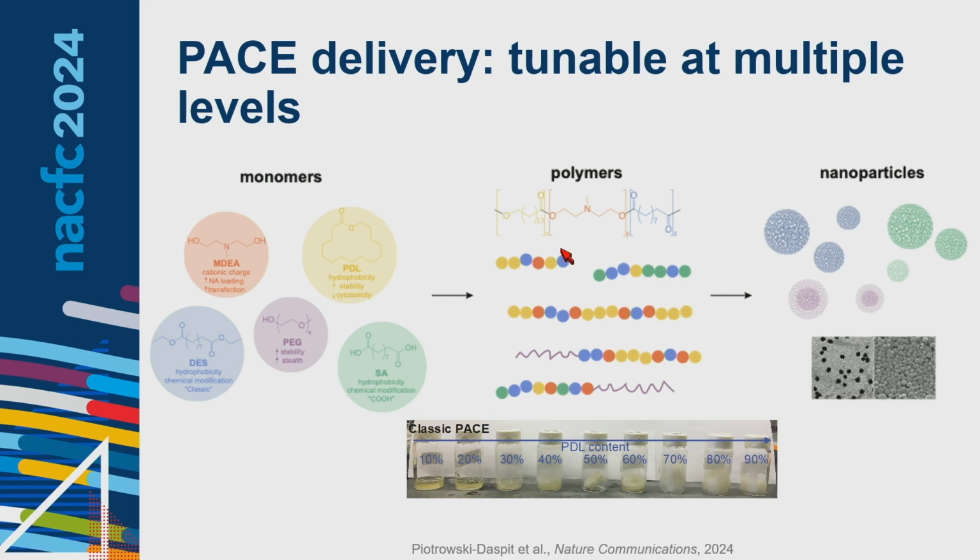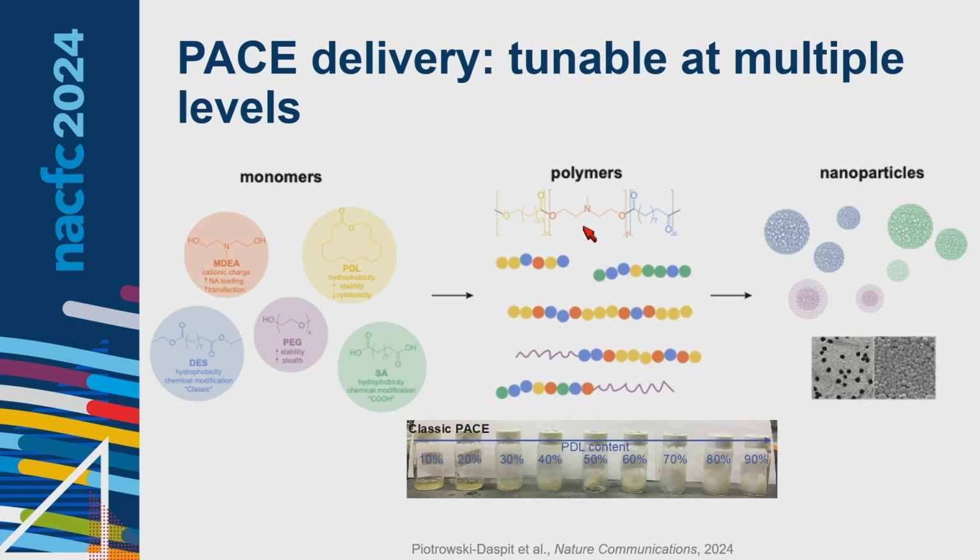What I also want to point out is I'm showing the structure here of our classic polymer, as we like to call it, and some key features of these materials are that they have a hydrophobic domain here. This helps with stability and reducing cytotoxicity.